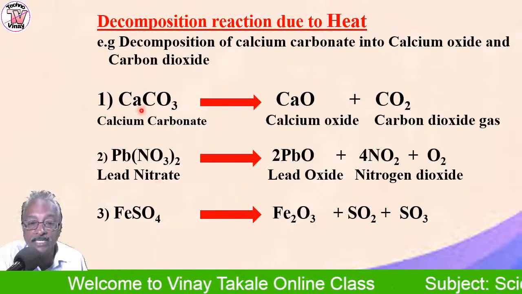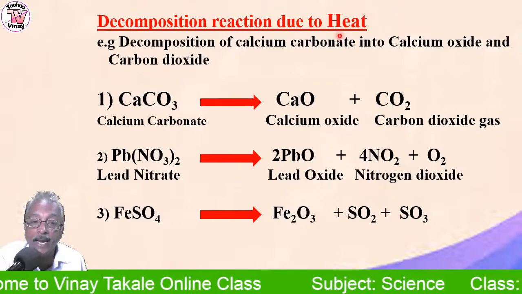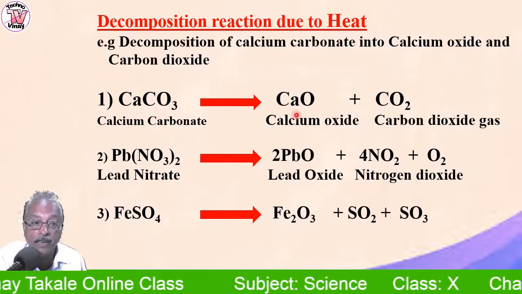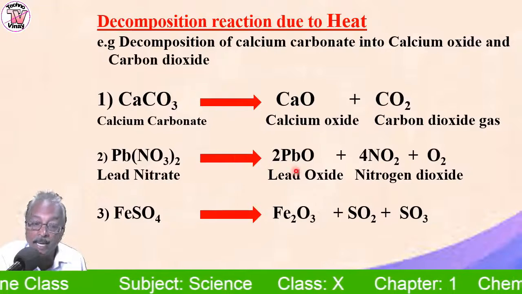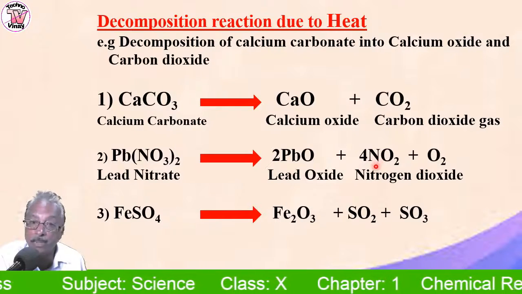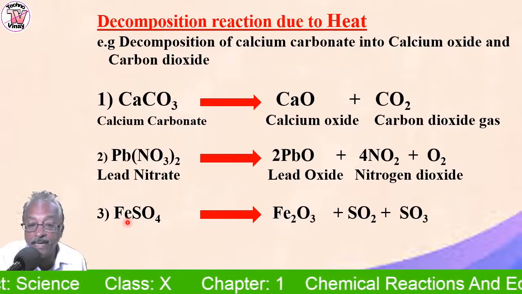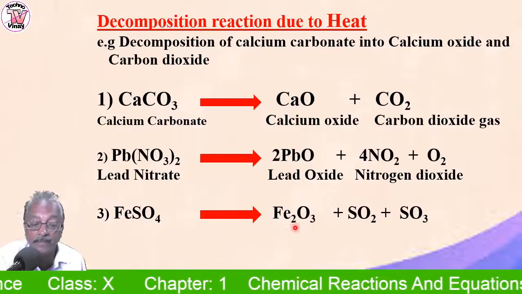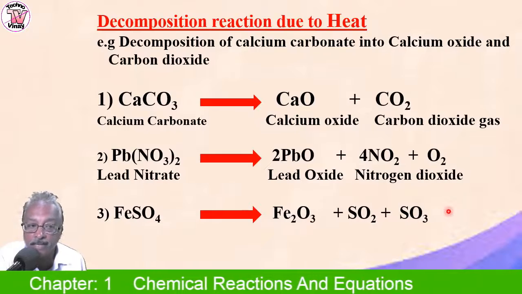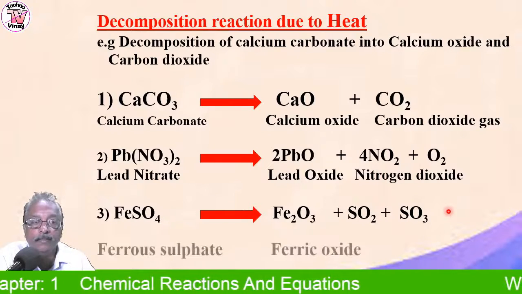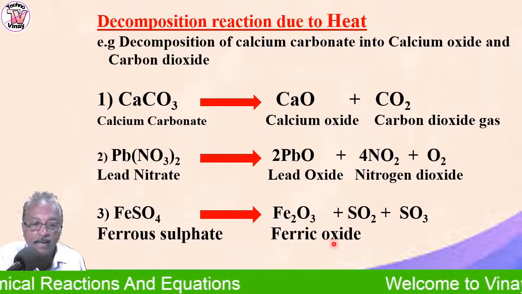All these three reactions are examples of decomposition reaction occurring due to heat: decomposition of calcium carbonate to give calcium oxide and carbon dioxide gas, decomposition of lead nitrate to give lead oxide PbO plus nitrogen dioxide and oxygen gas, and decomposition of ferrous sulfate FeSO4 to give Fe2O3, sulfur dioxide gas and sulfur trioxide gas.